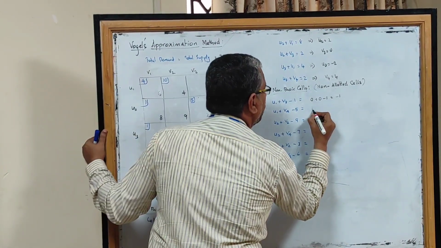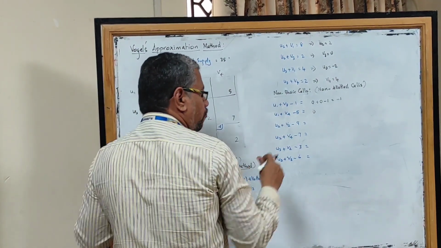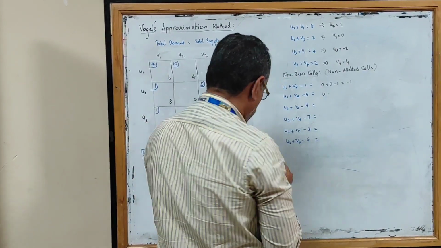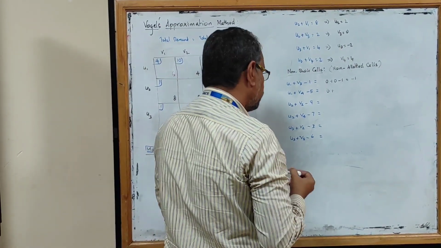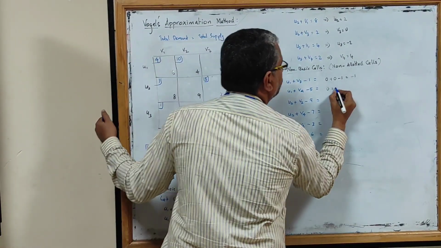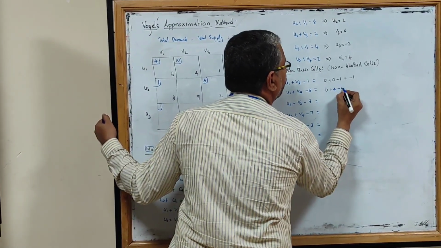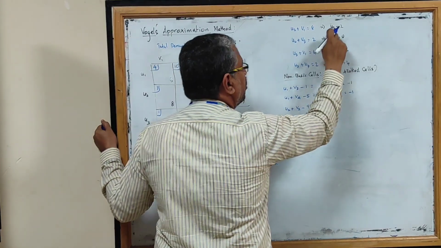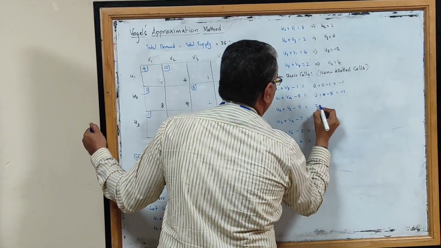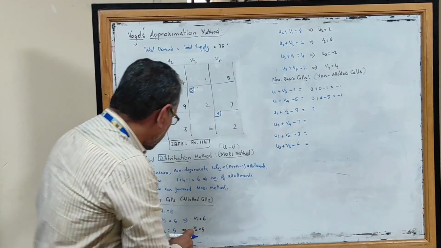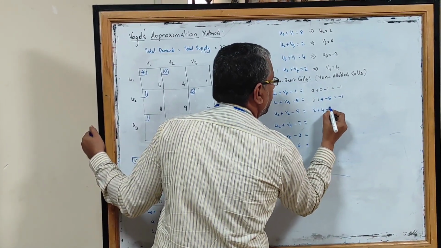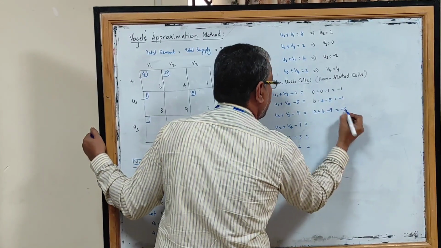Next, U1 equal to 0 again. V4 is 4. V4 is 4 minus 5 equal to minus 1 again. So U2, what is the value of U2? U2 is 2 plus V2. Value of V2 is 4 minus 9 equal to minus 3.